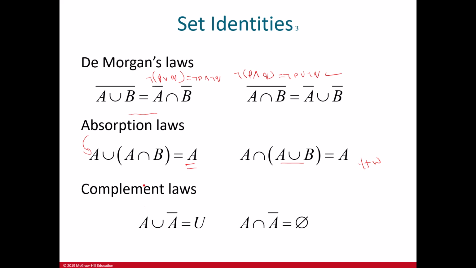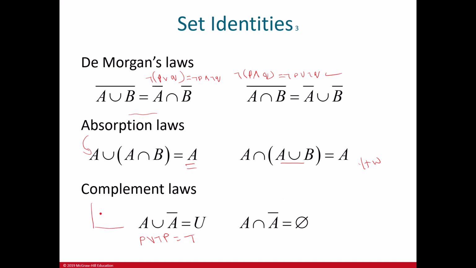Complement law. When you say A union A complement, you're really talking about U. This is the same as saying in propositional calculus P or not P, and we know this is always true. So when you say set A and its complement, you're really talking about the whole thing.